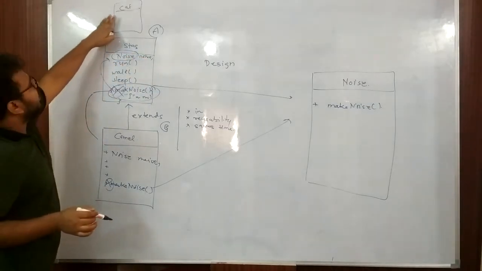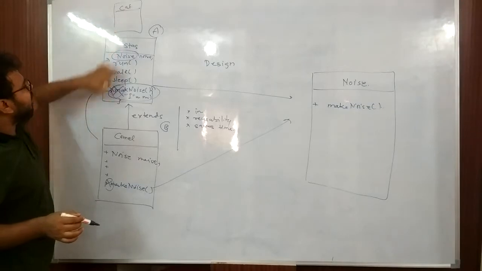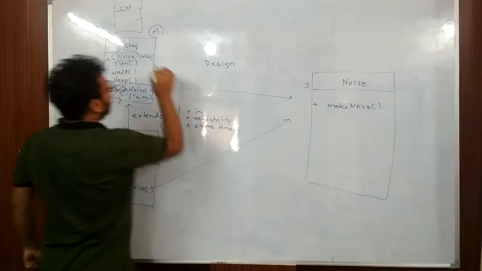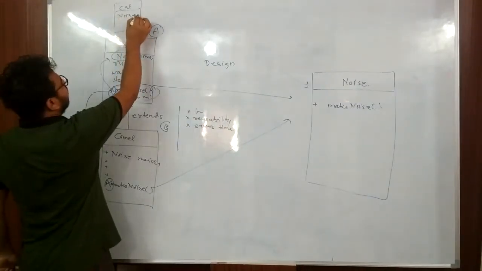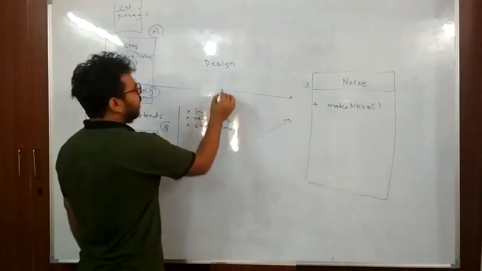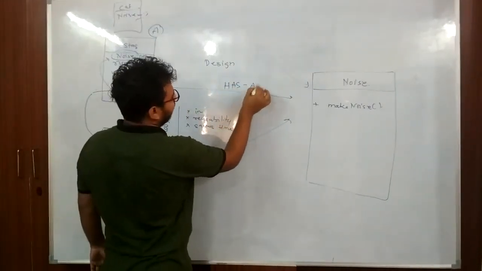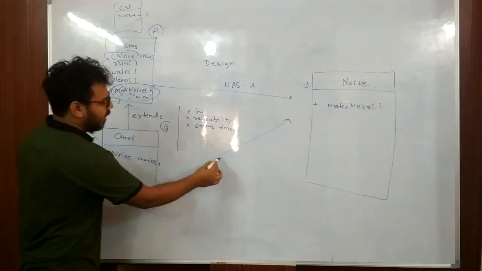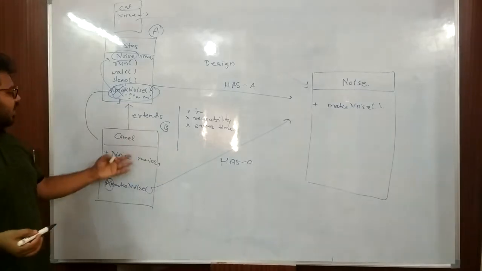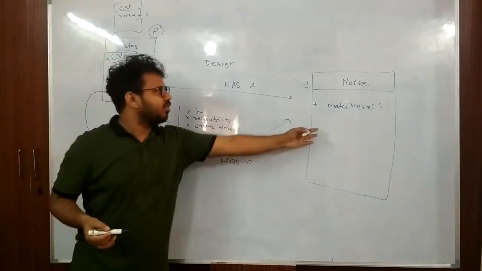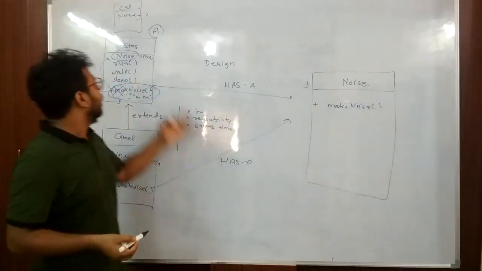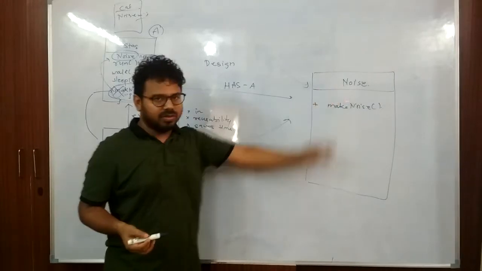Now suppose there is a Cat class, a cat animal, and it also needs the makeNoise method. What will it do? It will only have a reference to the Noise class, and it can be easily used. So here we are not using an is-a relationship, we are using a has-a relationship. And it makes proper sense: Camel has a noise, Stag has a noise, Cat has a noise, or we can say sound also.